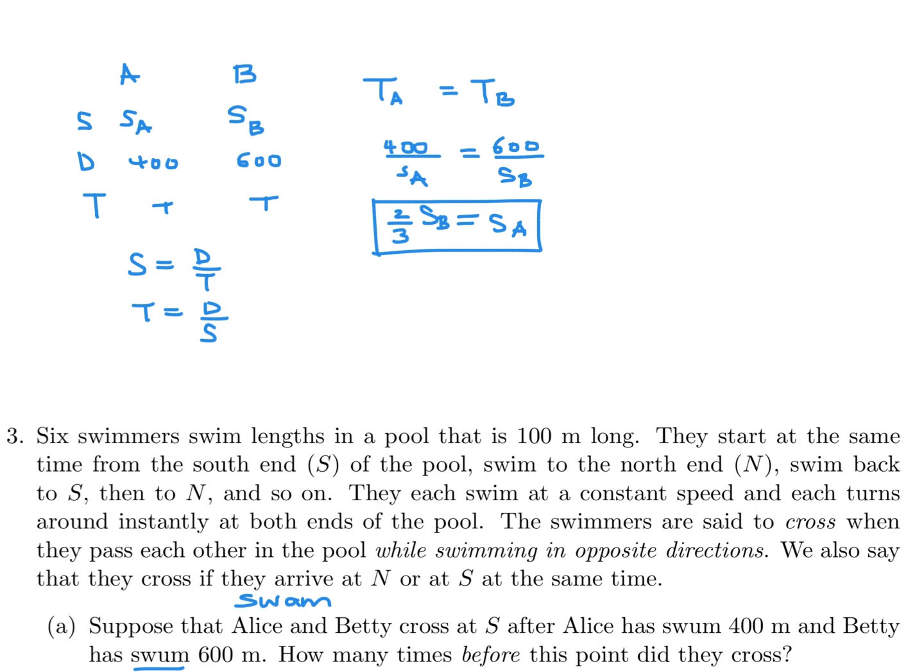So that means that somebody is swimming faster. For example, if SB, let's say, is 90, then SA would be 60. So Betty's obviously swimming faster.